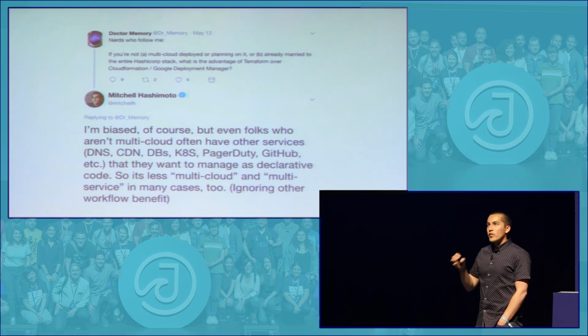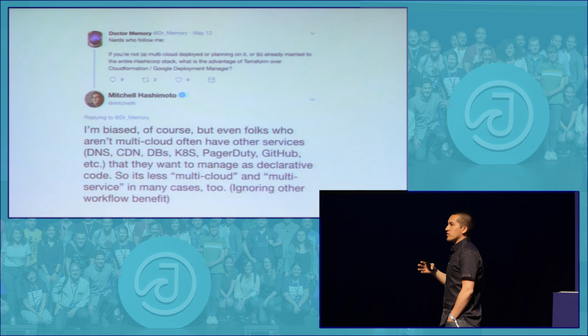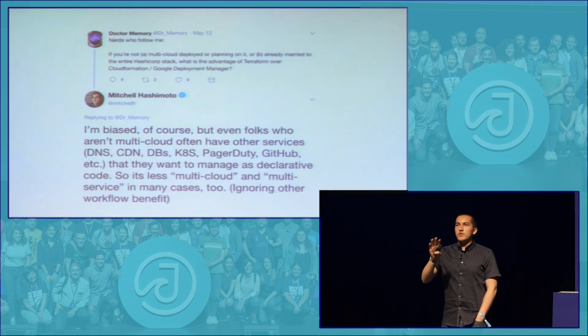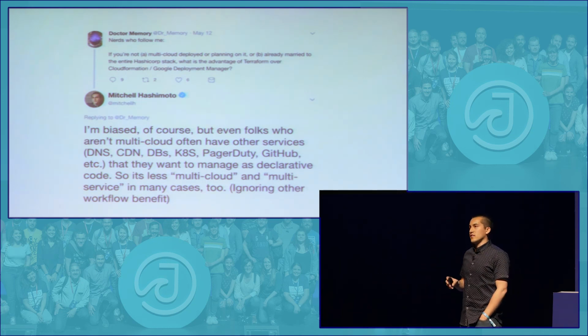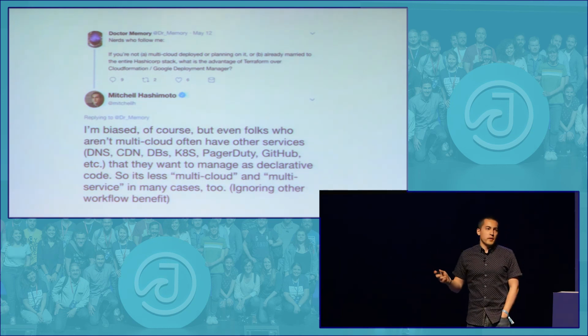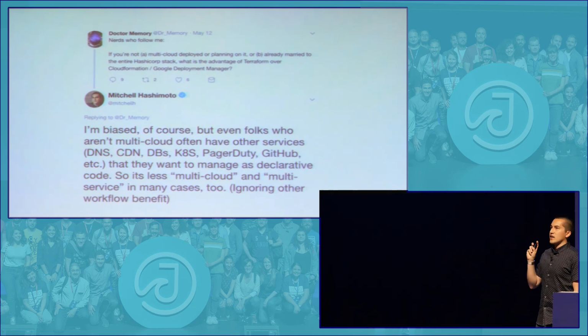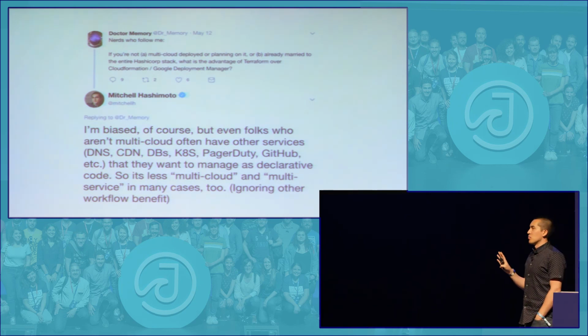So it's less about multi-cloud and really more about multi-service in many cases, ignoring some other stuff. And that could be the benefit. I have some more follow-up tweets with examples for them, but you'll get it in slideshow form. That person ended up responding, finding a specific use case for Terraform that was not infrastructure that, based on their tweet, I think sort of blew their mind.